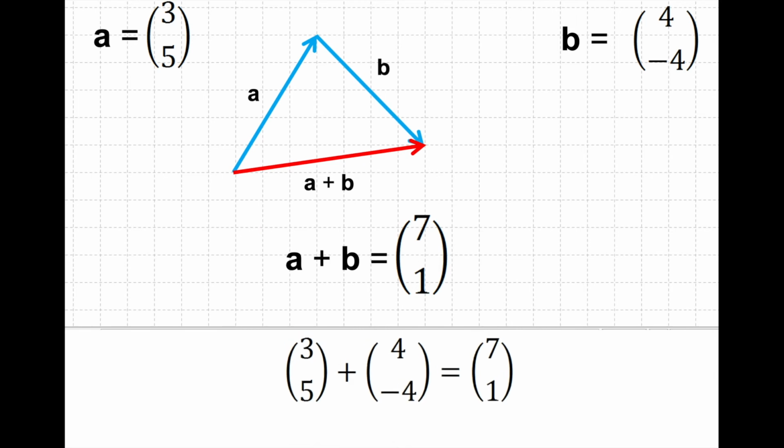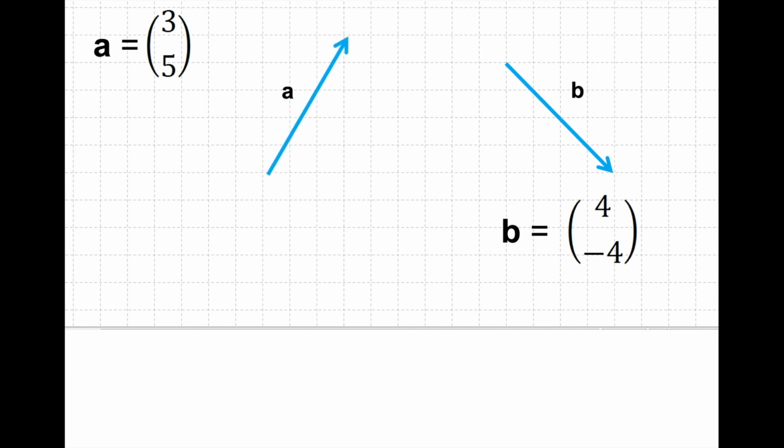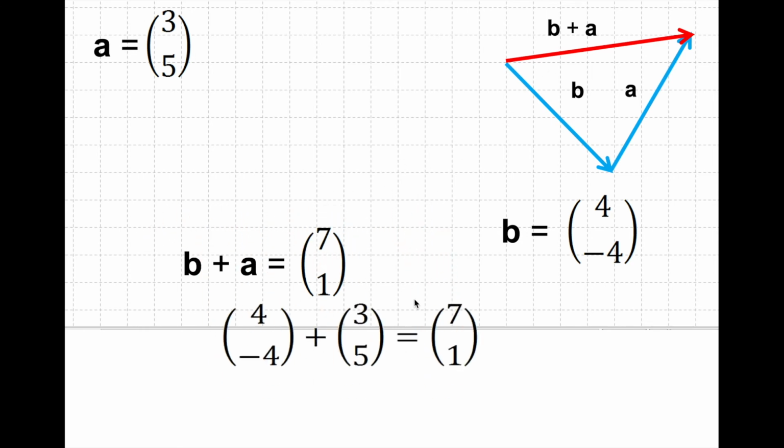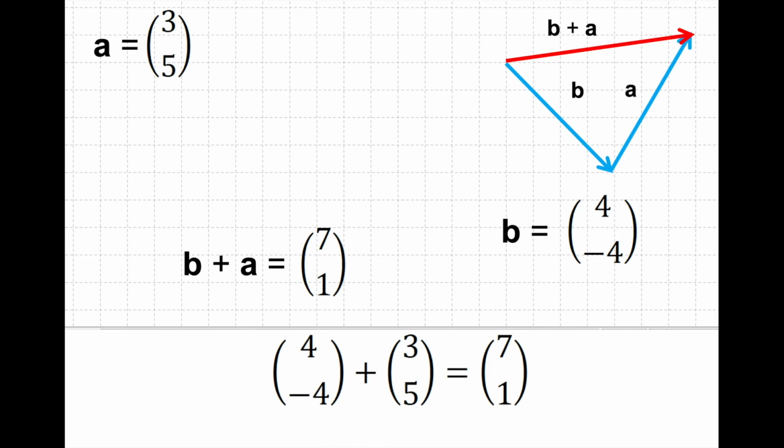Now let's do b plus a. Since we do b plus a, the result is also the same, which is equal to (7, 1). So it doesn't matter, because a plus b is the same as b plus a. Just a note, if you do b plus a, then you draw b first, followed by vector a.